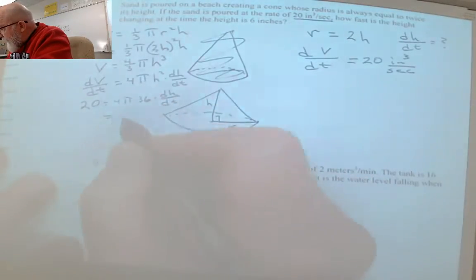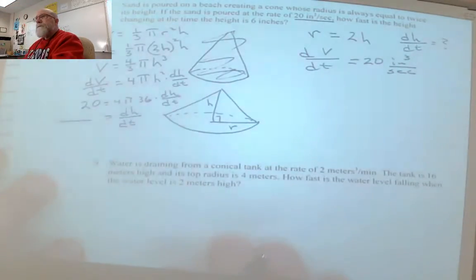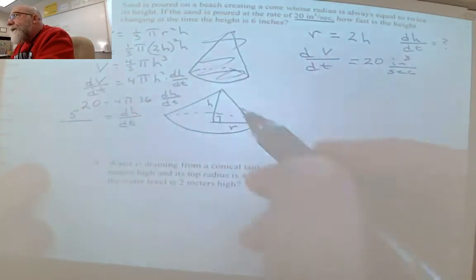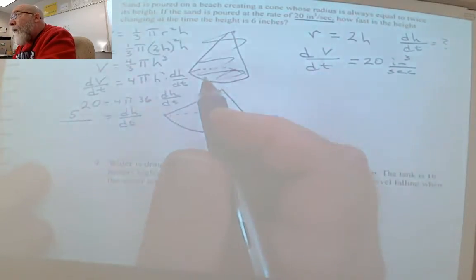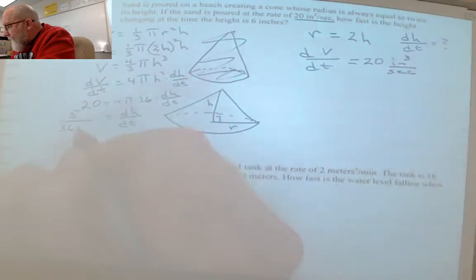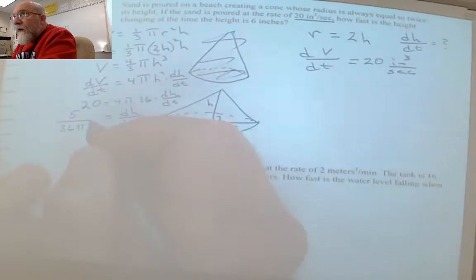So dh dt is equal to what? 5. How did you get 5 so quickly in your head? Divide 20 by 4, right? And now you're going to divide by what? 36 pi. And make sure that pi is underneath, right? Again, you can figure out what the decimal is on your calculator.